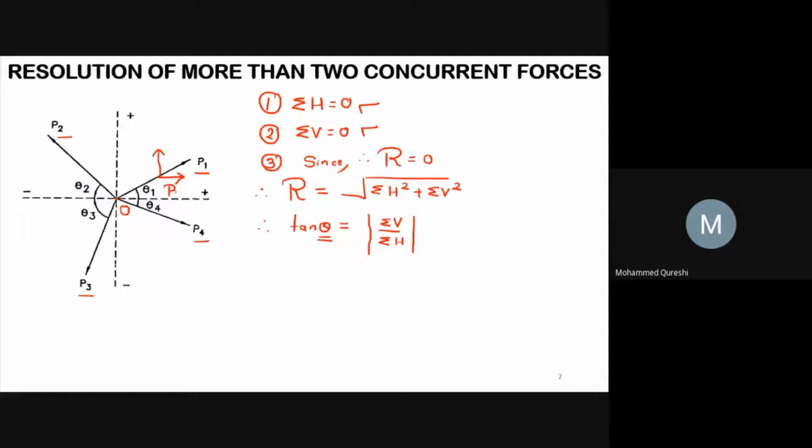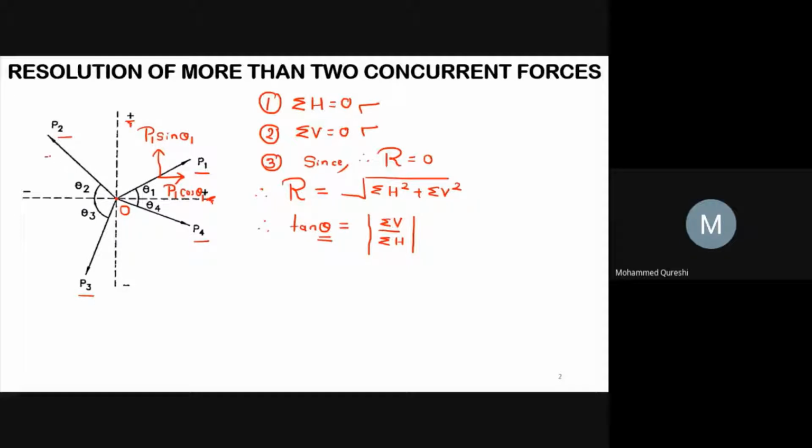It is nothing but P1 cos theta 1, where theta 1 is the angle with the horizontal, and here it will be P1 sin theta 1. So here the horizontal component is positive. Look here, the horizontal component is positive, and here the vertical component is positive.